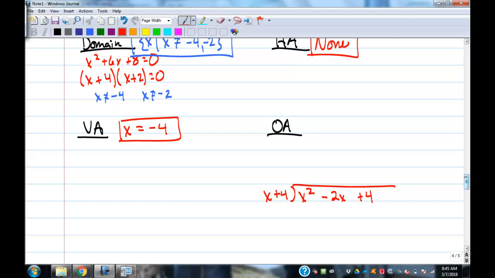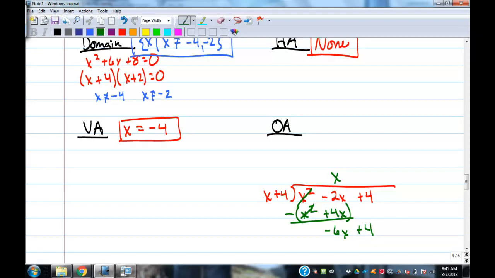What times x gives me x squared? X. Distribute. X times x is x squared. X times 4 is 4x. Subtract. These cancel out. Negative 2 minus 4 is negative 6x plus 4.